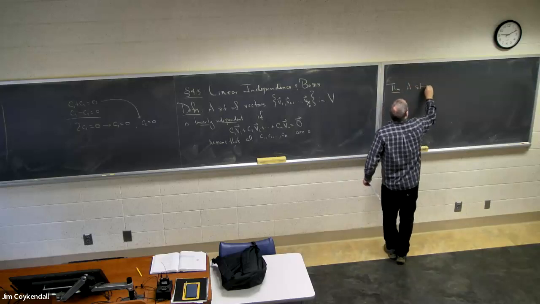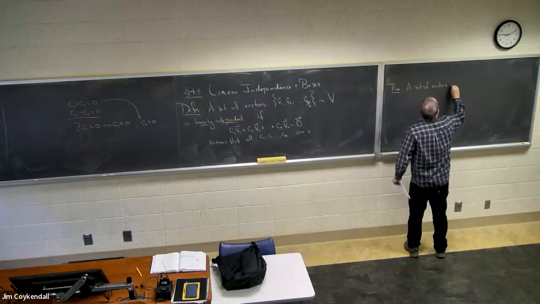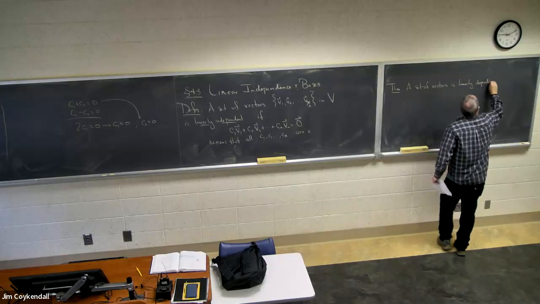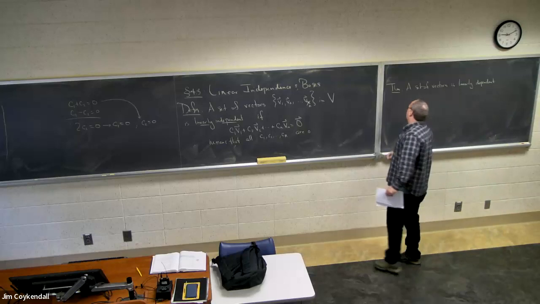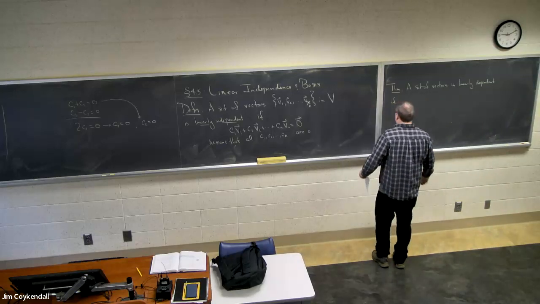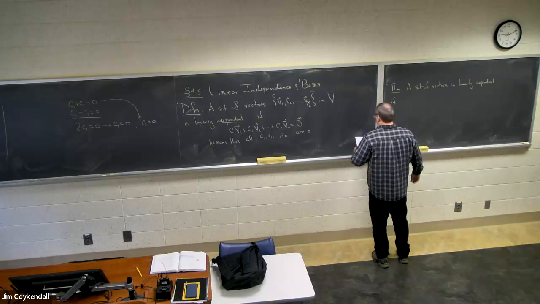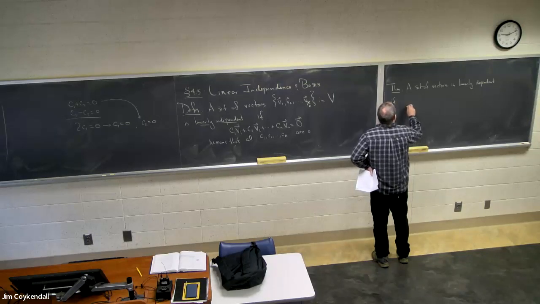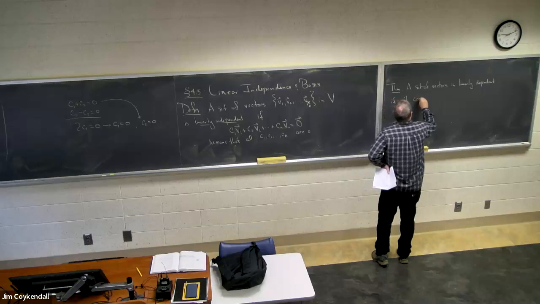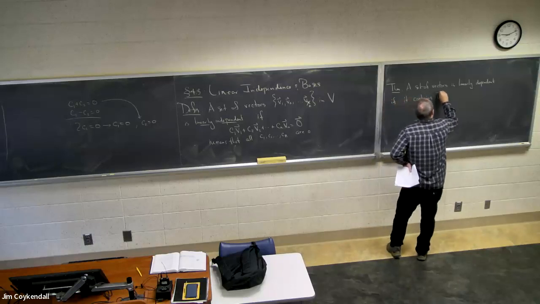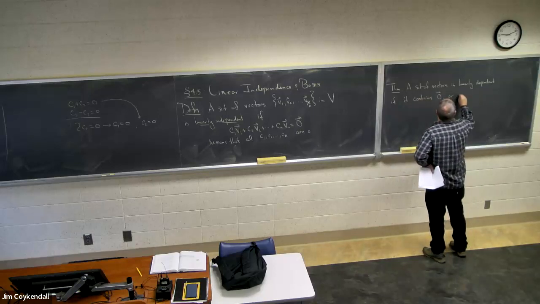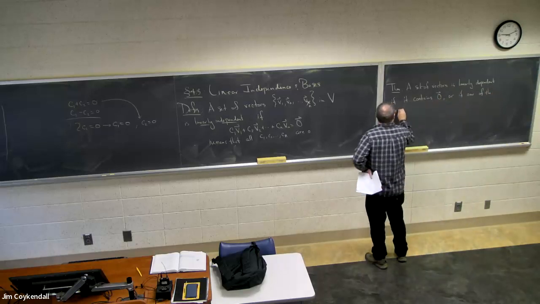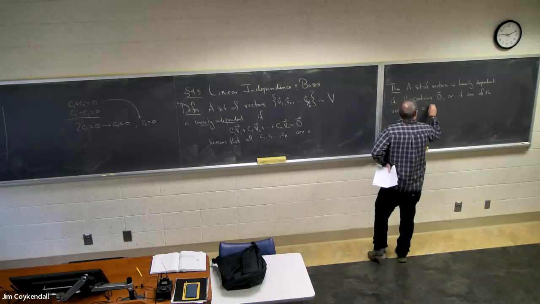A set of vectors is linearly dependent if it contains 0, or if one of the vectors is a linear combination of the others.